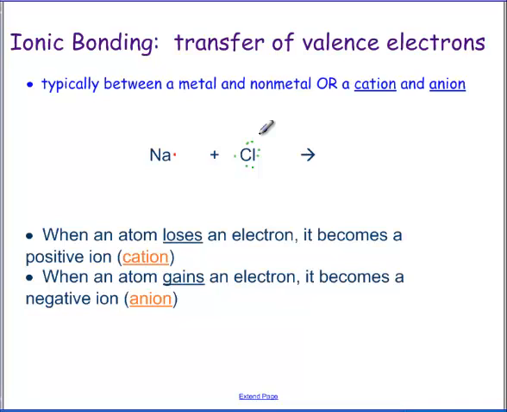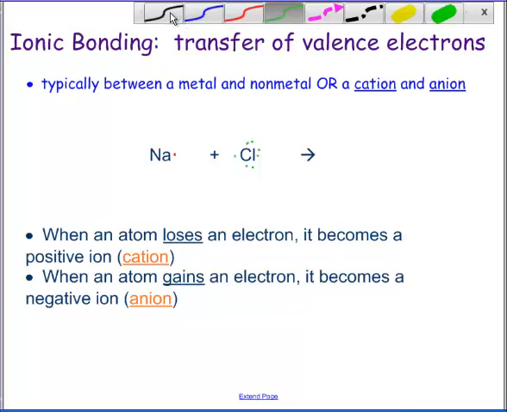In order to become stable, sodium would like to have an electron configuration like the noble gas that comes directly before it. And if you look on your periodic table, you'll see that that's neon. Chlorine would like 1 additional valence electron to have 8 to be like argon. So this is actually what happens.